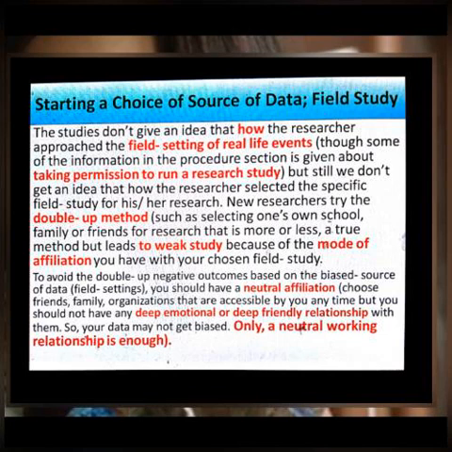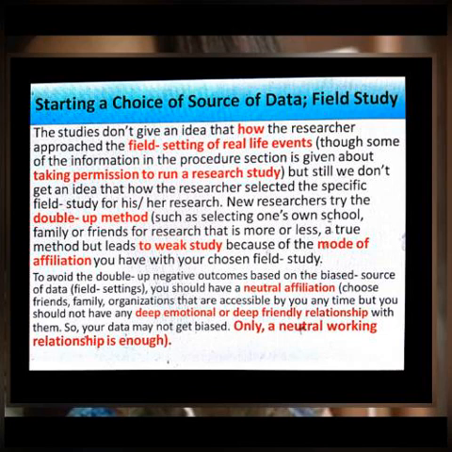New researchers try to select a method that is the double up method, and the double up method is selecting one's own school, one's own family members, or one's own friends for the research. That is more or less a true method, but leads to a weak study because of the mode of affiliation you have with your chosen field study.